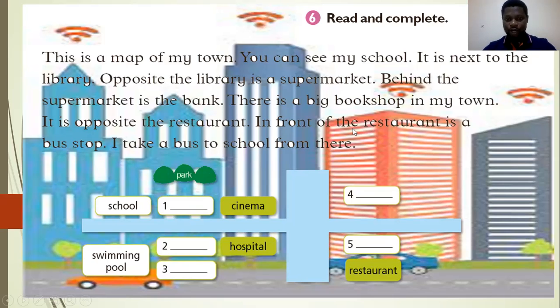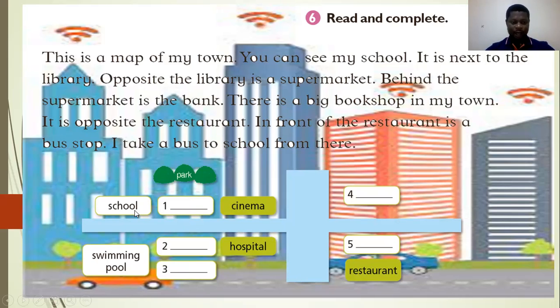All right, that's great. So now this is the exercise. We have school, cinema, swimming pool, hospital, and restaurant. Now we are going to use the information provided in this paragraph to fill the blank spaces.